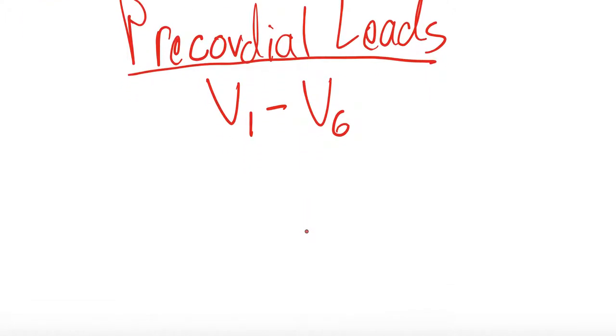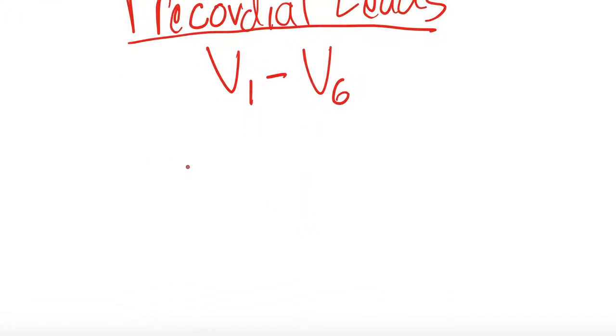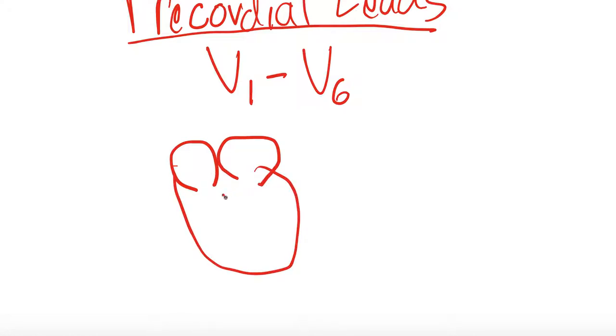You need to kind of think about this in a 3D sort of way. I will not draw the body out as I did before because I don't think that's very helpful. I think what's most helpful in this case is, again, looking at this terribly drawn heart, interventricular septum, and then again, we'll put this dot.